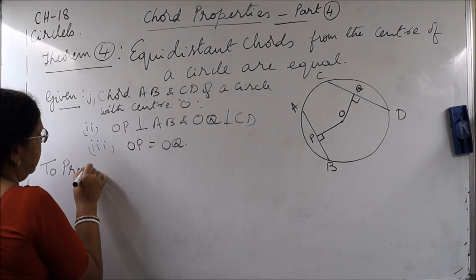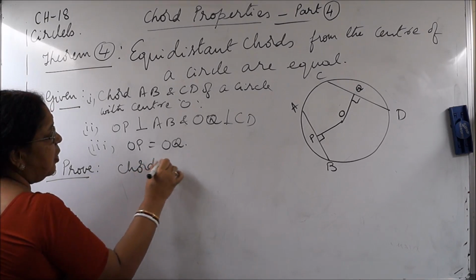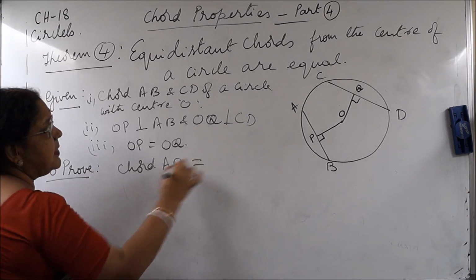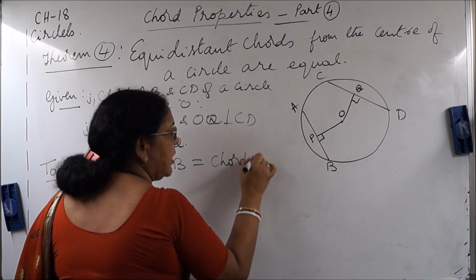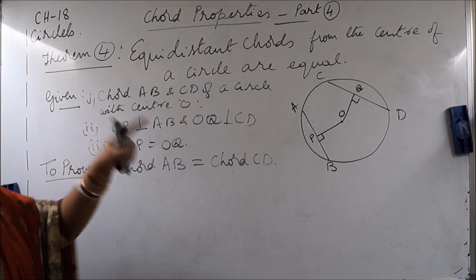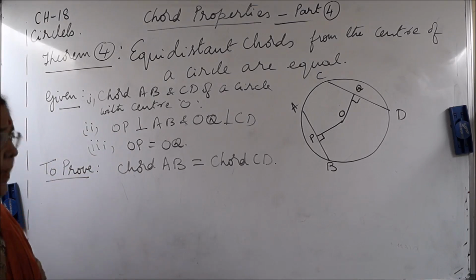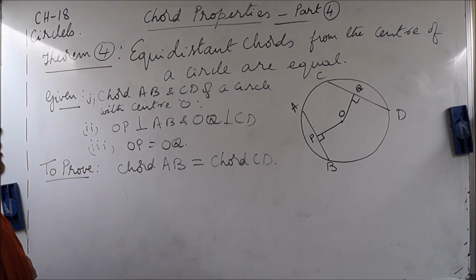Okay. So to prove or to verify whether chord AB is equal to chord CD, if we can verify that, then we will accept the theorem that equidistant chords are equal. Okay. So now again for that we will need some construction, and we will use our previous knowledge again.